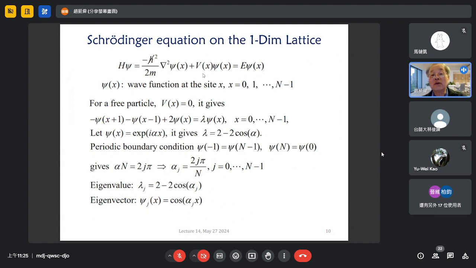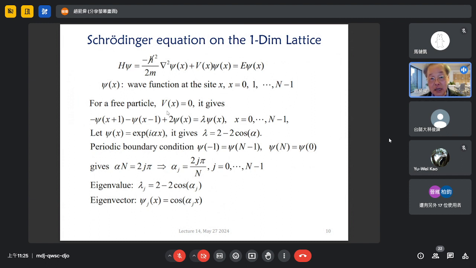Once the potential is different, your code works for any V, and you can solve the eigenproblem. This V need not be a simple potential; it could be a very complicated form, and you can still get the eigenvalues and eigenfunctions out of it. That's the power of the numerical solution.